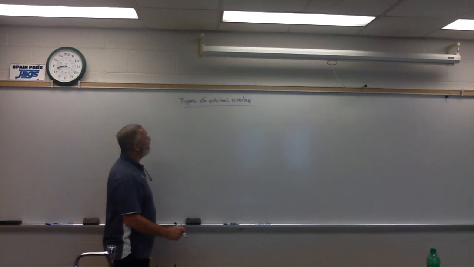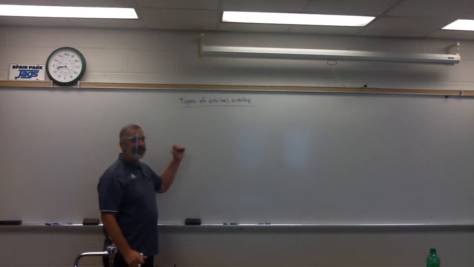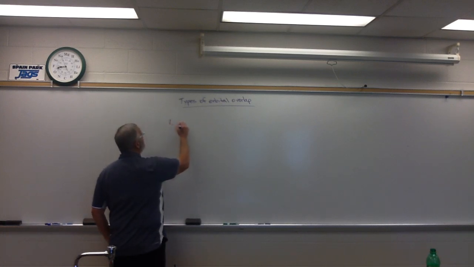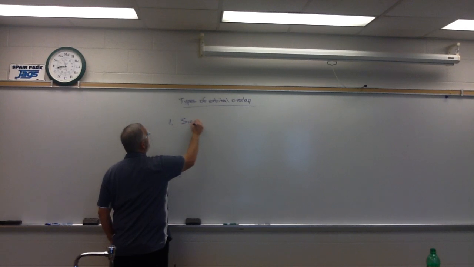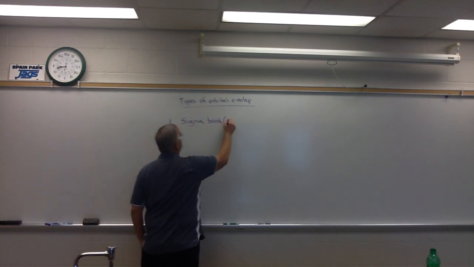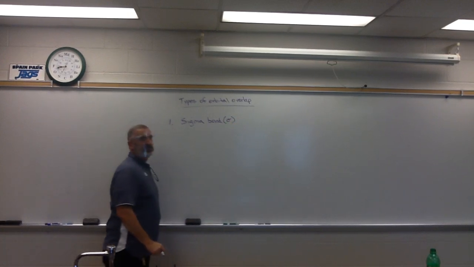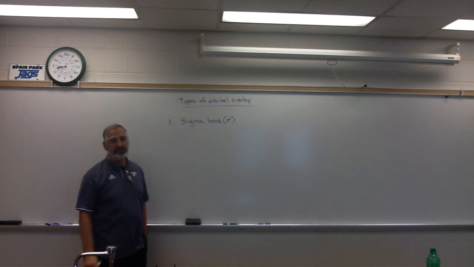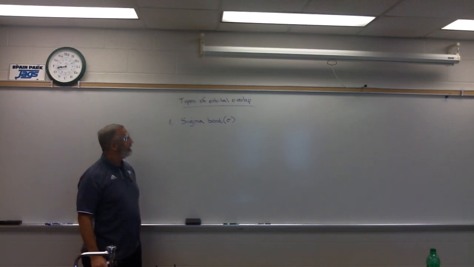There are two ways in which orbitals actually overlap. The first type is called a sigma bond. And the Greek letter is a lowercase sigma. It's a little o with a tail on the top. A sigma bond.